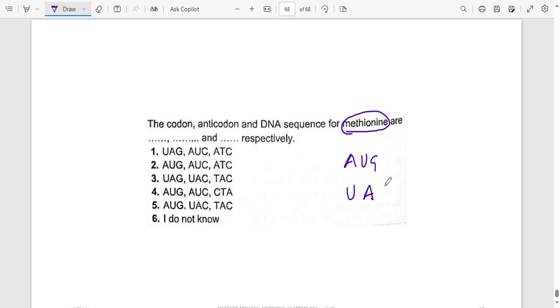U, A, C. Now remember we said that codon pairs up with DNA. Okay? So if codon pairs up with DNA and then codon is also pairing up with the anticodon, meaning that the anticodon and DNA is actually the same, except you don't have uracil in DNA, in DNA you have got thymine.